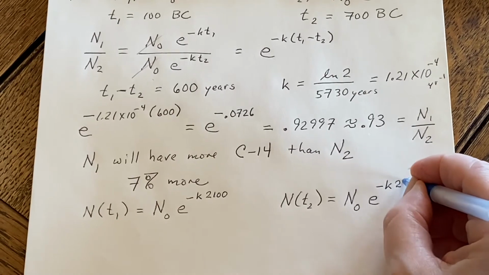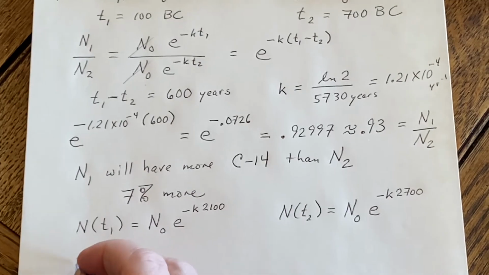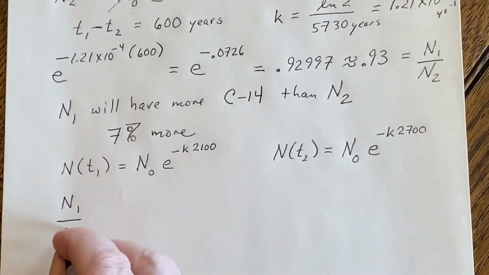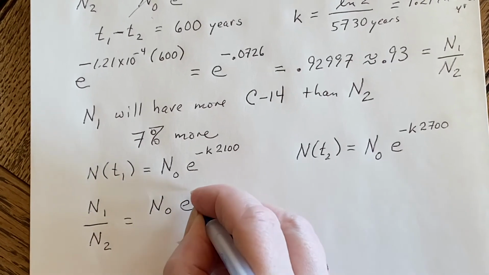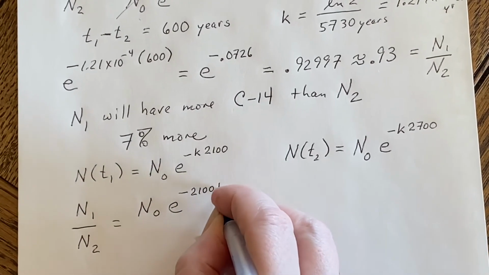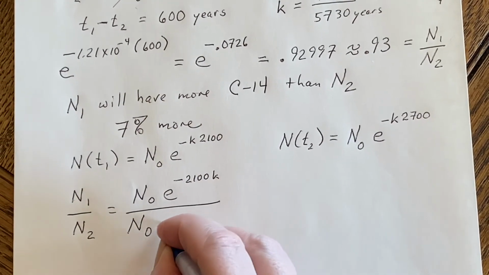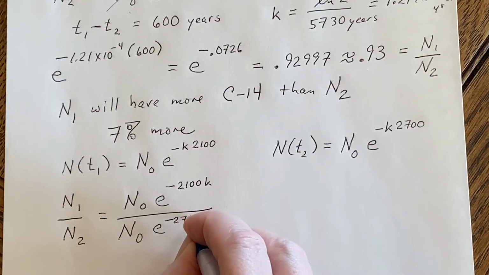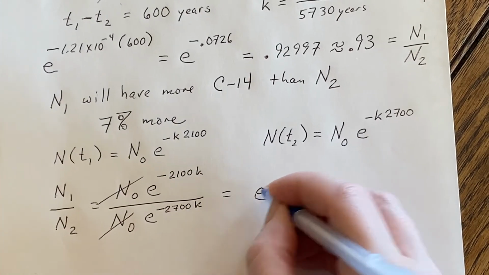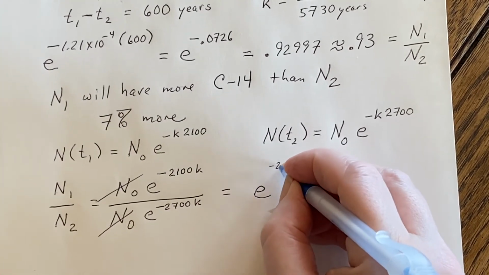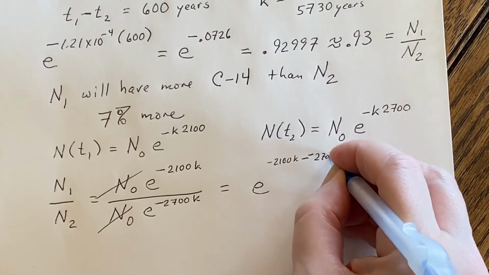So that's 2,700. Now, if I want to compare these two, I can see that N1 compared to N2 would still be the N0, and here's E, and I'll change it to 2,100K. And N2 would be N0, and E to the minus 2,700K. The N0s are going to cancel, and you're going to get E to the minus 2,100K minus a negative 2,700K.